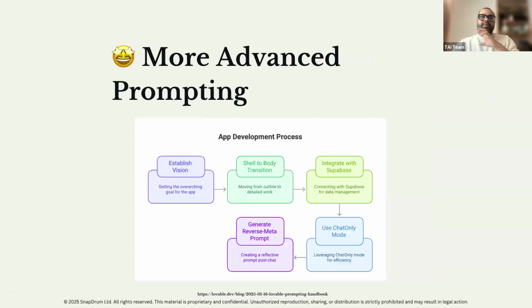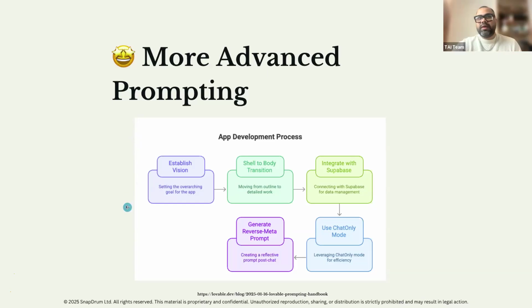I think this is one way of looking at prompting. When you have an idea, you probably figure out what the initial application is that you want to build. This is the process that you can take, but this is not the only way that you can develop applications.